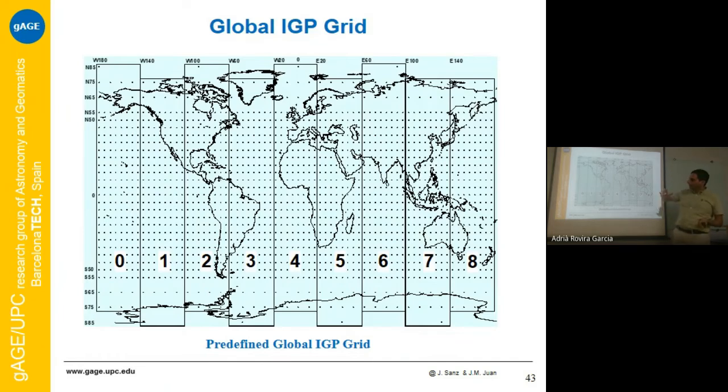Then we project to the elevation angle at which we are seeing the satellite. This morning, Jama was showing a picture of the ionospheric points from Barcelona, and then we can map it to this location where the IGPs are located.